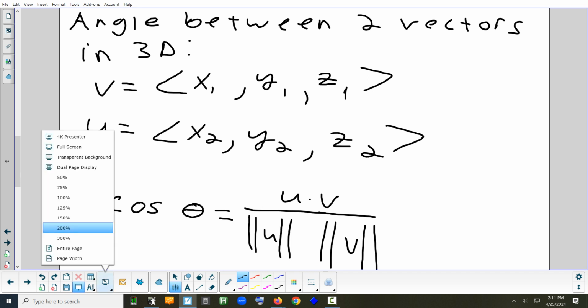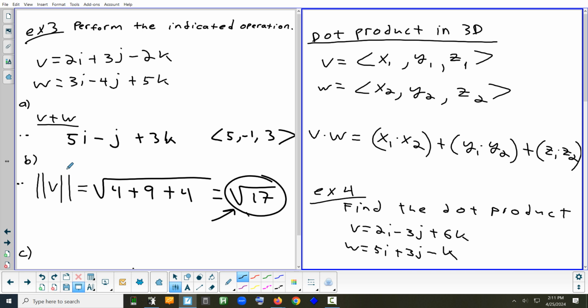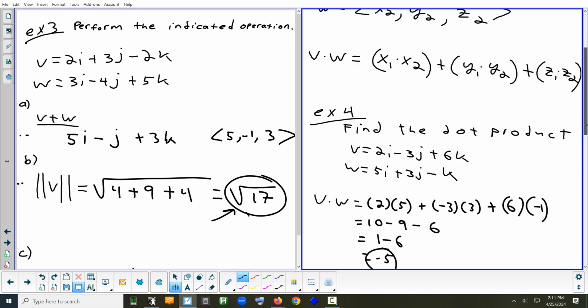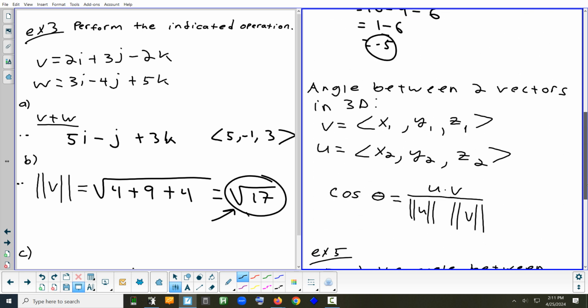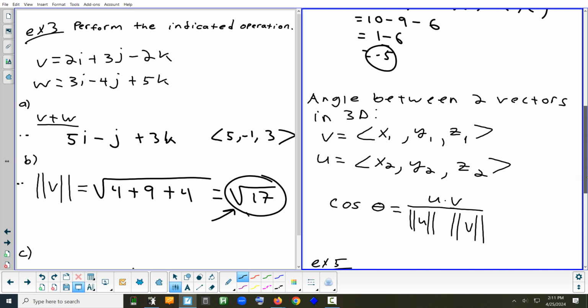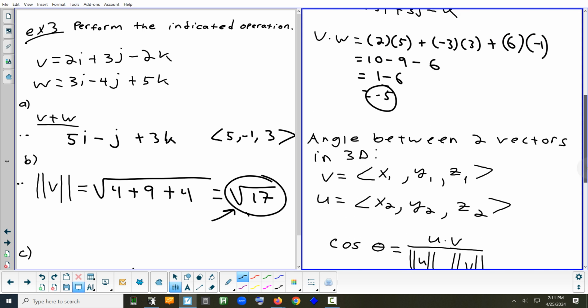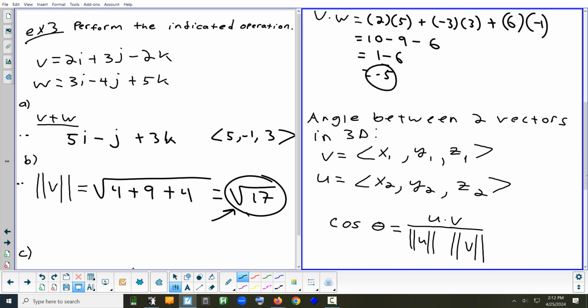It's just that when you do the formula, you're going to be doing a 3-dimensional dot product, which I just showed you how to do, and 3-dimensional magnitudes, which we just did. So the individual calculations in the formula each have an extra step because they're 3D, but the formula itself is the same formula.